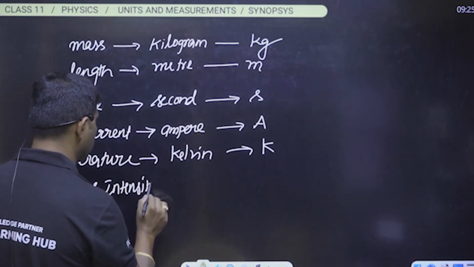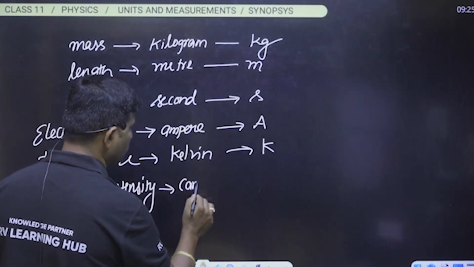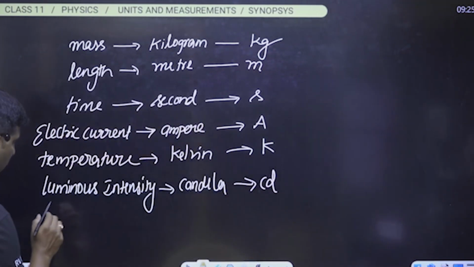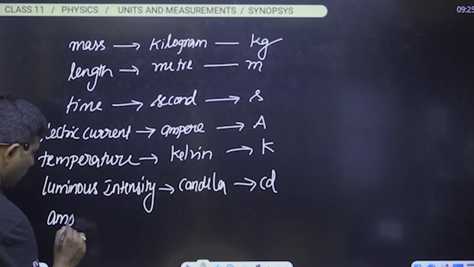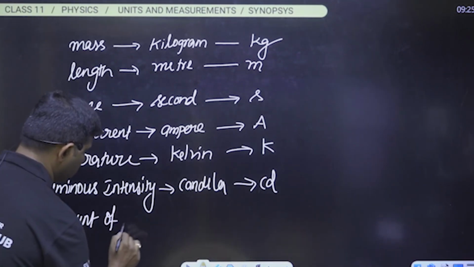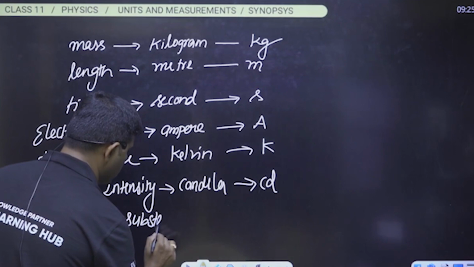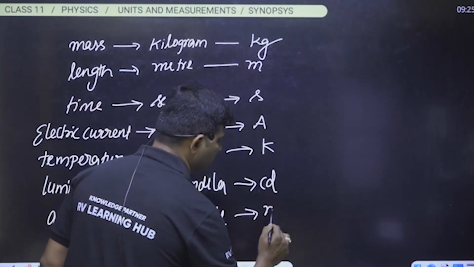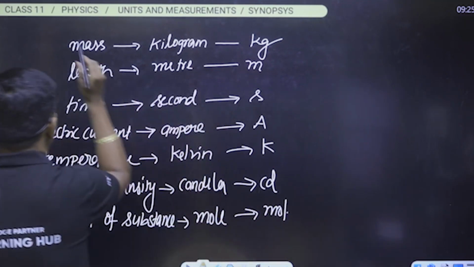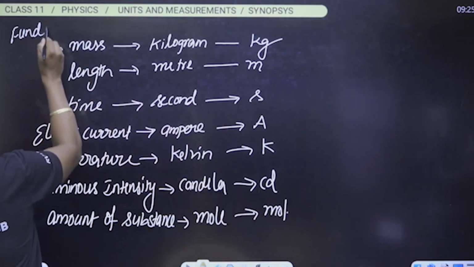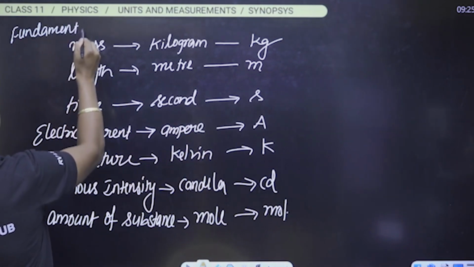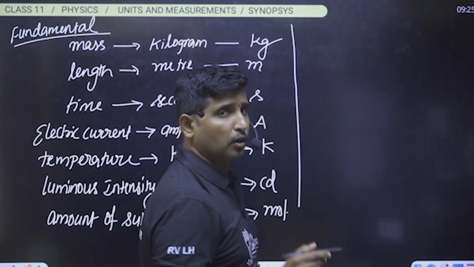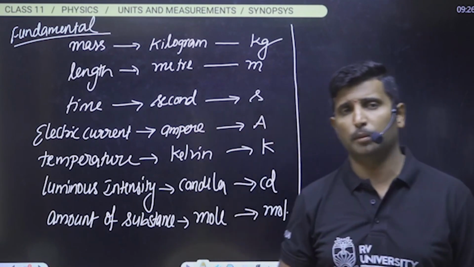It is measured in the unit candela, represented by the symbol cd. And finally, amount of substance. The unit used to measure it is mole, and the symbol is mol. This is about the fundamental quantities, their units and the symbols representing them.